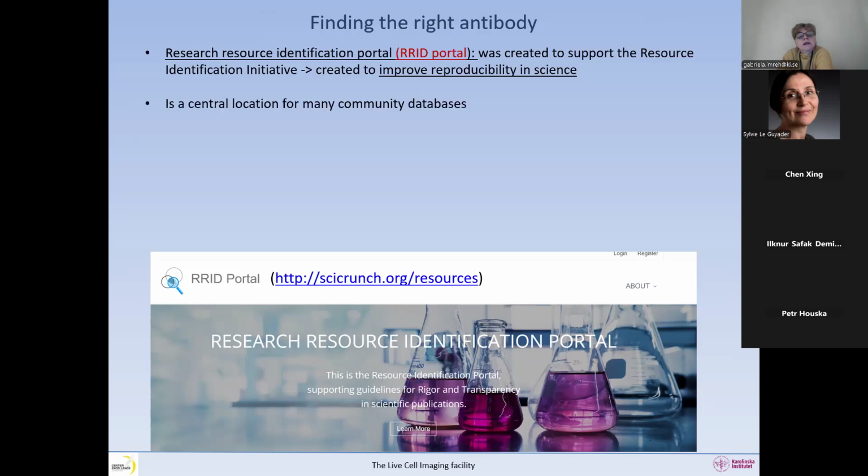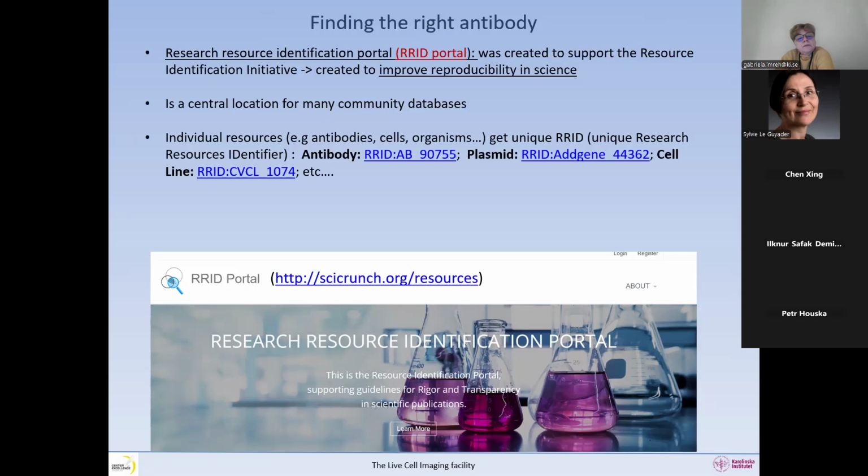Basically, it's again a central location pooling many community databases. And here you can look not only for antibodies, but also for cells and organisms. All of these have a unique RRID number, which stands for Research Resource Identifier, so you can search using this number to find your antibody.